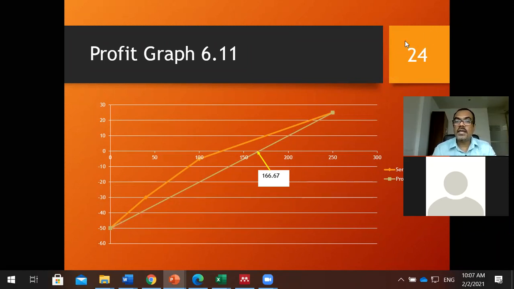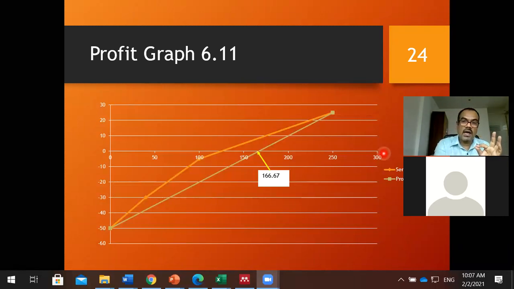Now, the second part, that is the explanation. Someone again asked a question, what does this x-axis show us? I just told you, it could be the volume. Volume can be either number of units or sales volume.